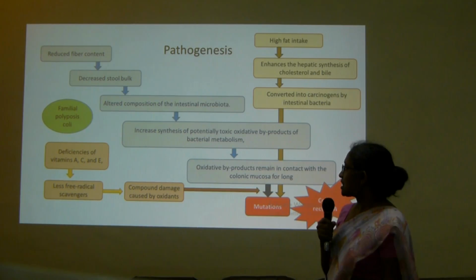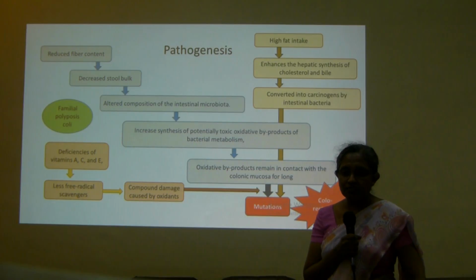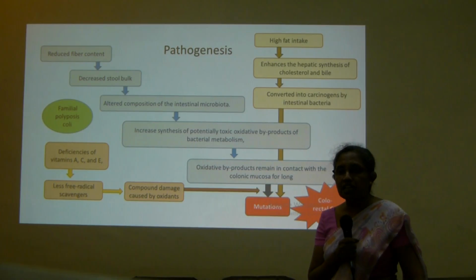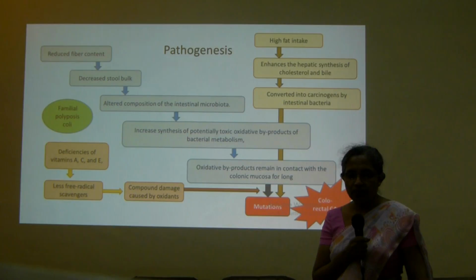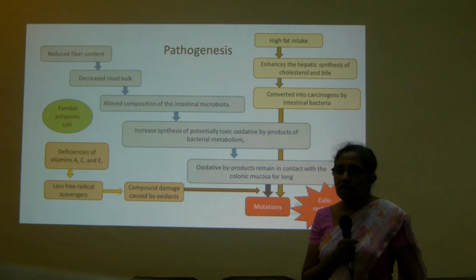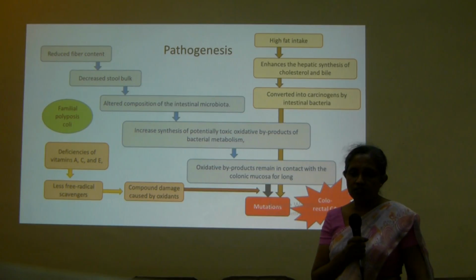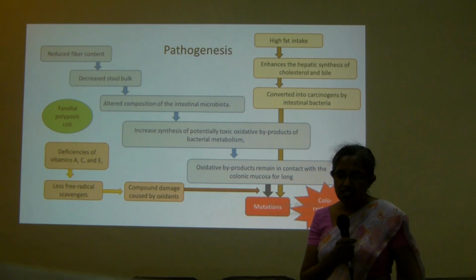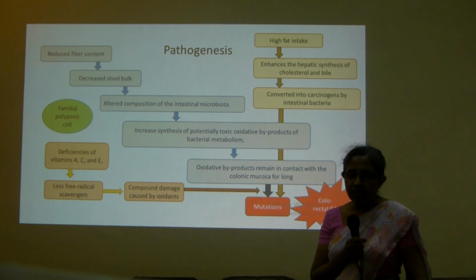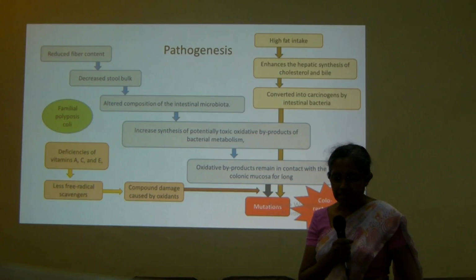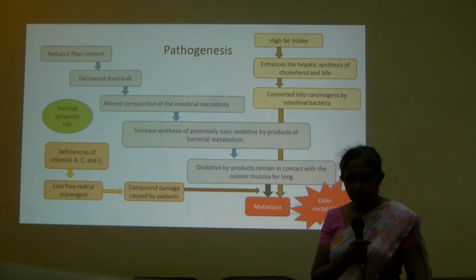If you take these causes, the one which is starting with high fat intake, they think that because of high fat intake, you generate a lot of cholesterol and bile. Therefore, the amount of cholesterol and bile in the gastrointestinal tract is high, and those are generally converted to carcinogens by the intestinal bacterial flora.